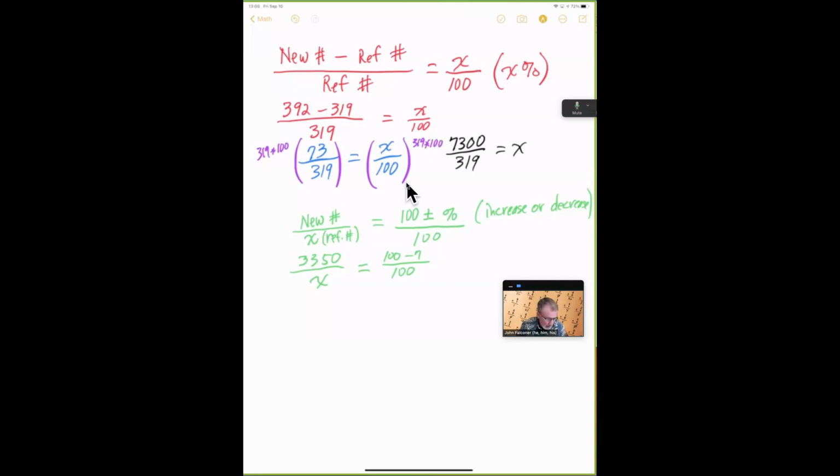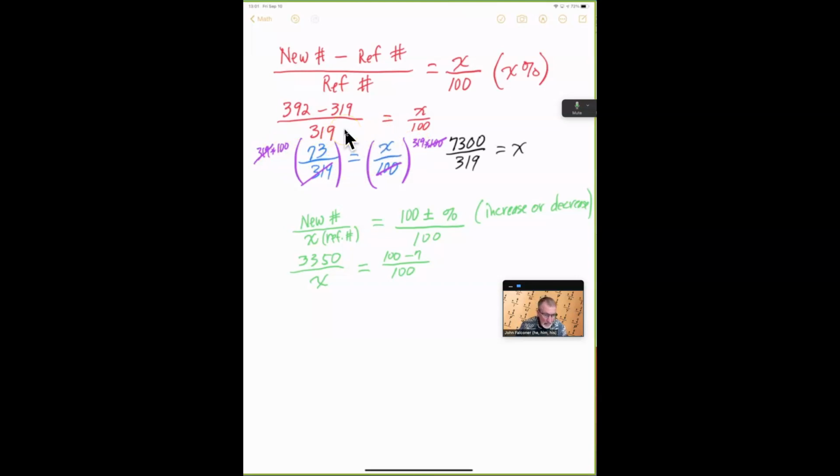And then we get cross cancellation. 319 cancels 319 on this side, leaving 100 times 73. And on this side, 100 cancels 100, and we have 319 times x. So what this means is 73 times 100 is equal to 319 times x.